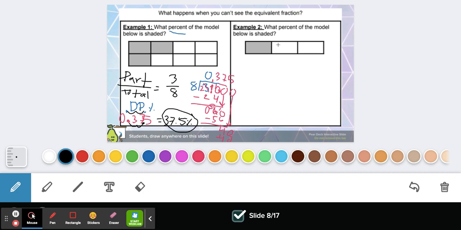So for example 2, it says what percent of the model below is shaded. Okay, so this one should be a lot easier. So this one is 1 shaded out of my 1, 2, 3. Okay, if you know your benchmark fractions, 1 out of 3 is 0.33.